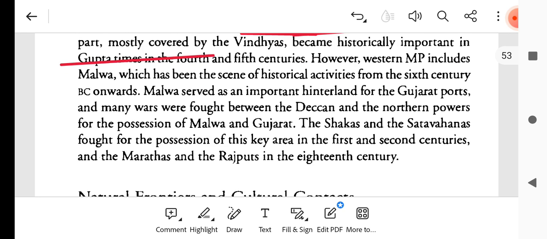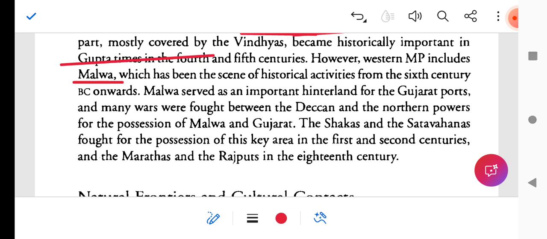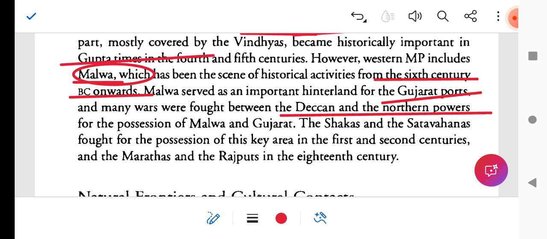However, western MP includes Malwa, which has been the scene of historical activities from the 6th century BC onwards, because Malwa was important hinterland for the Gujarat ports, and many wars were fought between the Deccan and the northern powers for the possession of Malwa and Gujarat, because Malwa was the trade route for most of the rulers, when they practiced the trade system as well as the cultural practices at that time through Malwa Plateau.